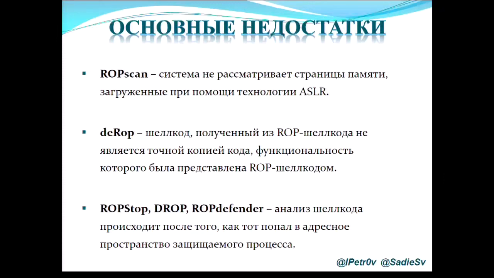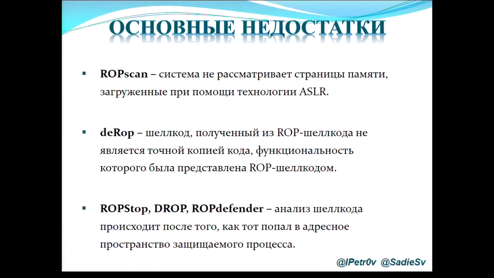The main ROP scan deficiency is the fact that this system does not look at pages of memory that were connected to the process with the help of ASLR. As it was noted before, ASLR is a memory protection technology, so-called randomization of memory. The memory segments such as libraries, stacks, or heaps are allocated to the process at certain random addresses in order for the attacker not to be able to define their location in advance at a given moment of time.